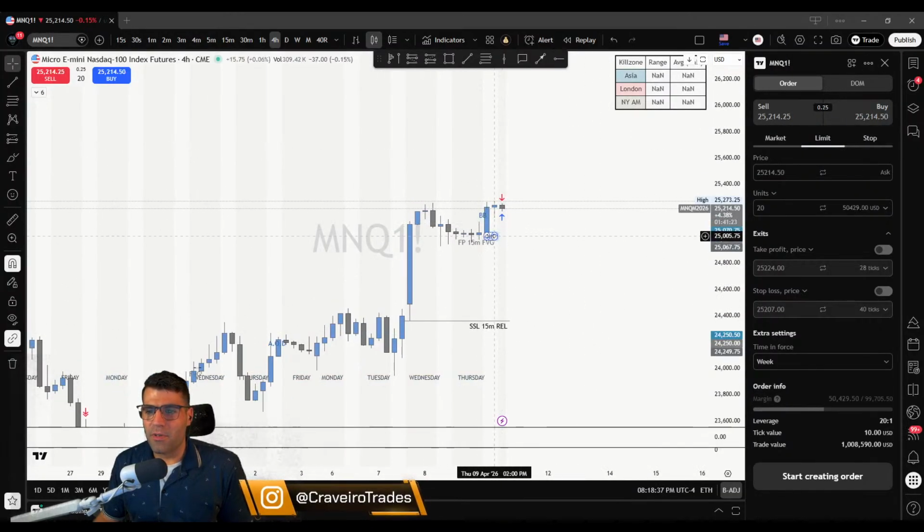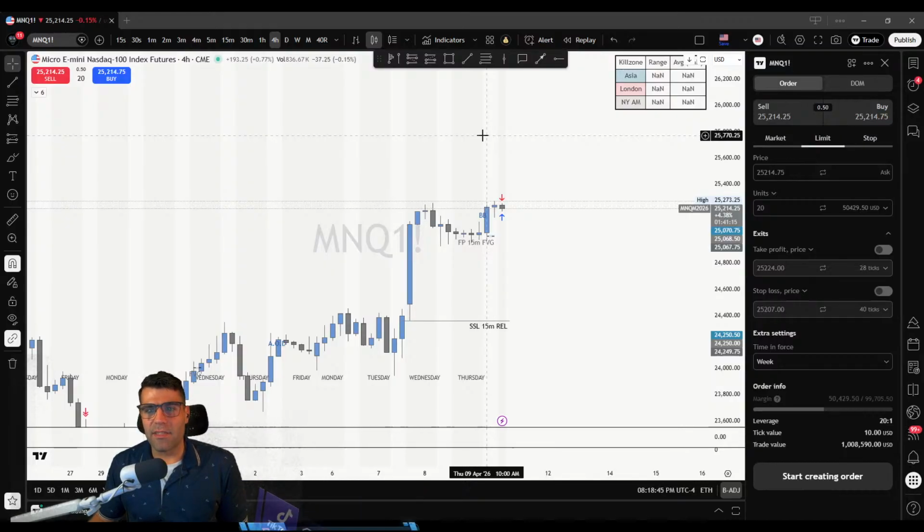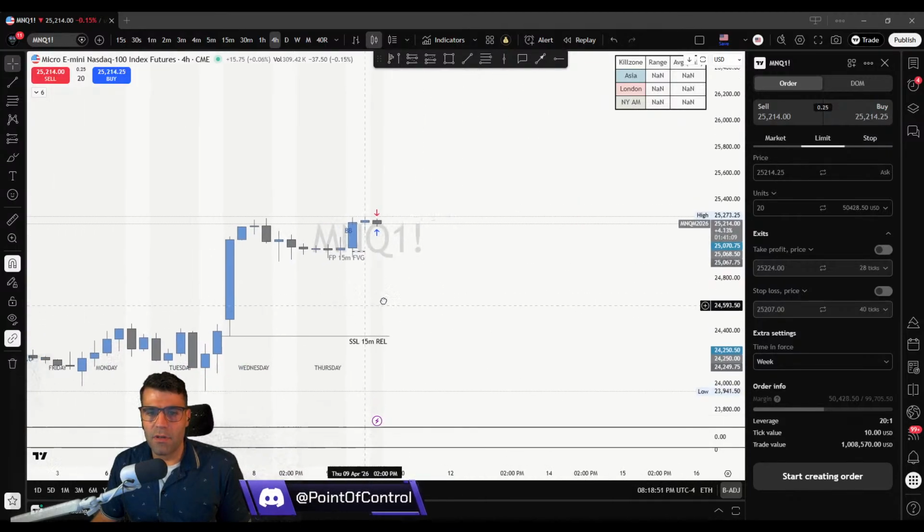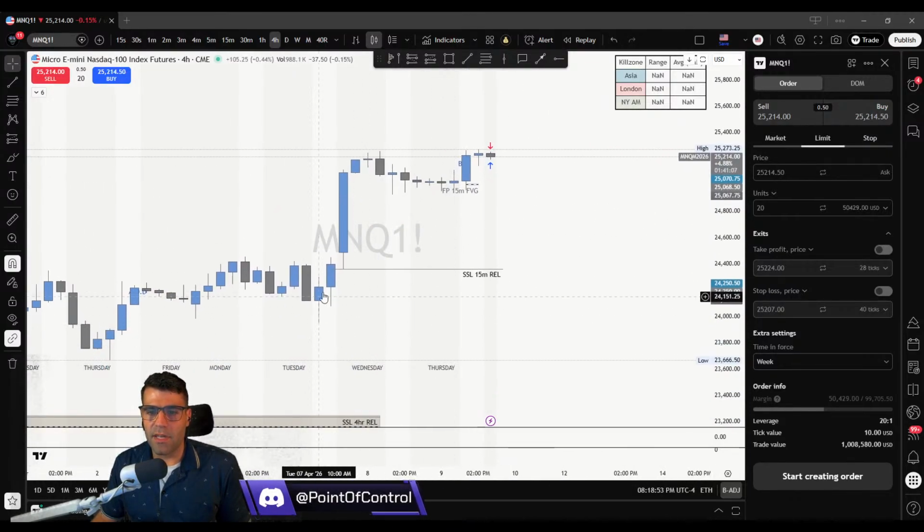So we've reviewed the open, close, and wicks represent where price has been within that candlestick's time frame. So during this 4 hours, let's use this candle because this is nice and clear, this candle made a low all the way down here at $23,952.